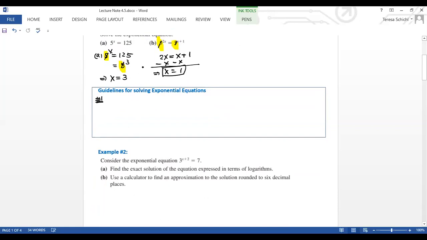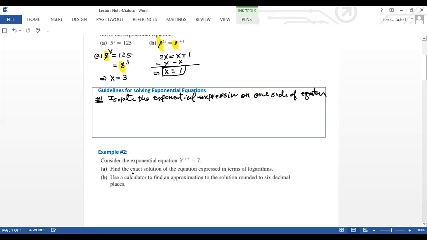If it's not that easy, isolate the exponential expression on one side of the equation.